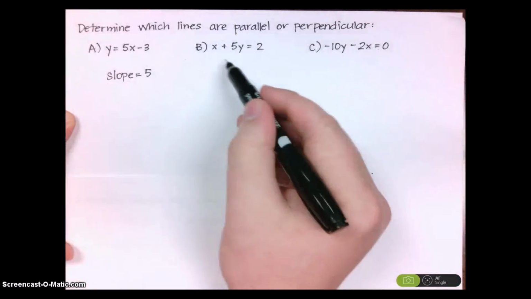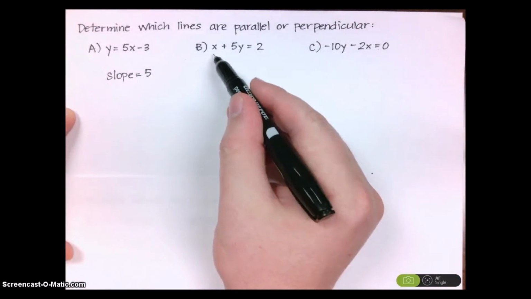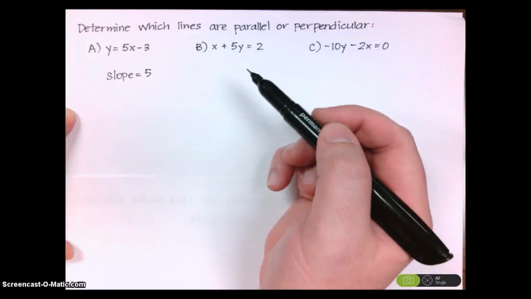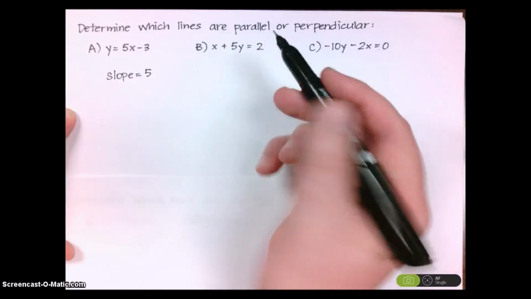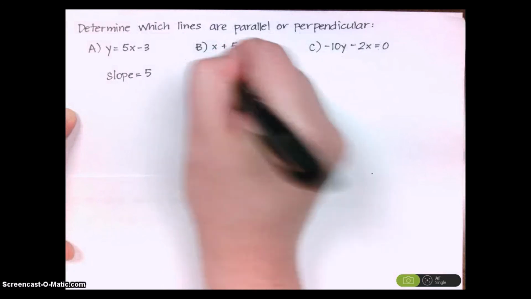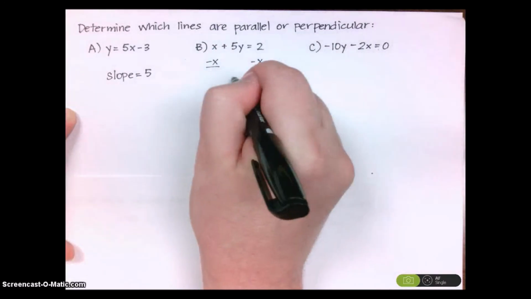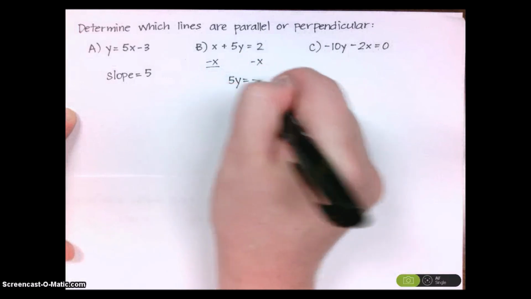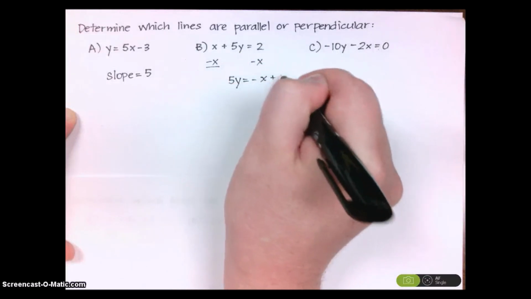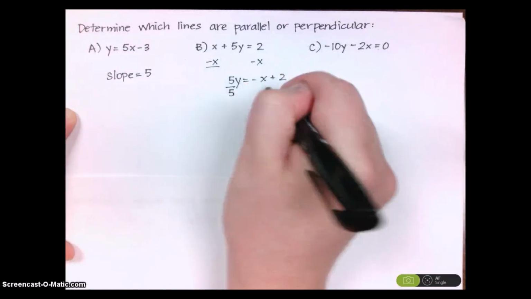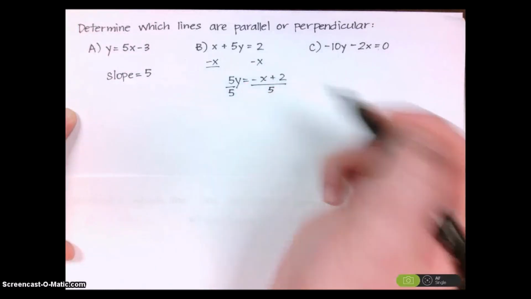Looking at the next one, equation B, x plus 5y is equal to 2. Now this is not written in slope-intercept form, so I need to do a little bit of work. I'm going to subtract x on both sides. So rewriting this, I have 5y is equal to -x plus 2. I still need to get the y by itself, so I'm going to divide both sides by 5.